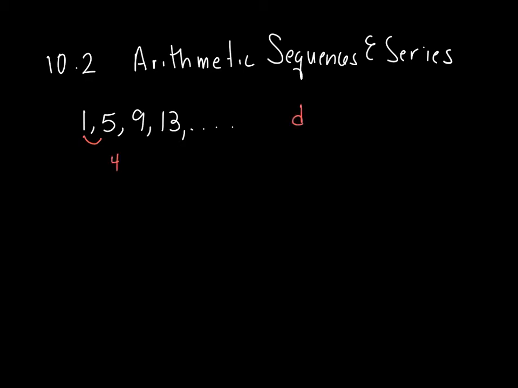That common difference, the formula for it, would be a_n minus a_(n-1). So for any values here, 13 minus 9 is 4, 9 minus 5 is 4, 5 minus 1 is 4.